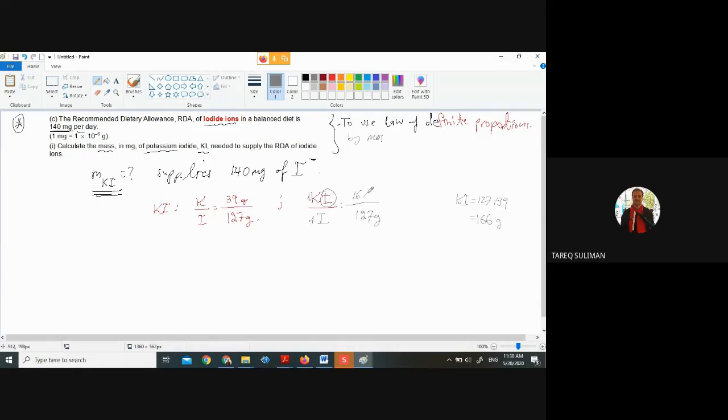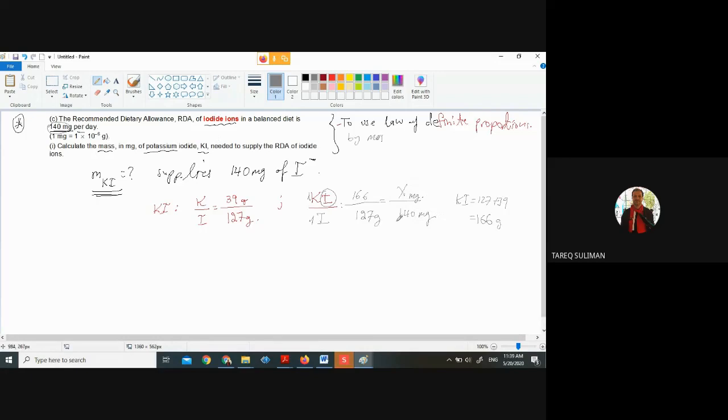So 166 gram of KI contain or give 127 grams of I. If we need 140 milligrams, so how many milligrams?